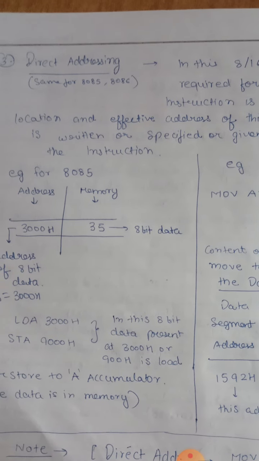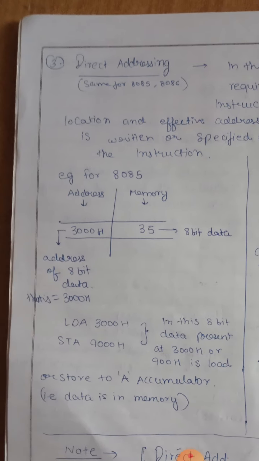Let's understand with the example for 8085. The data 35 is placed in memory, and the address of that data is 3000H.